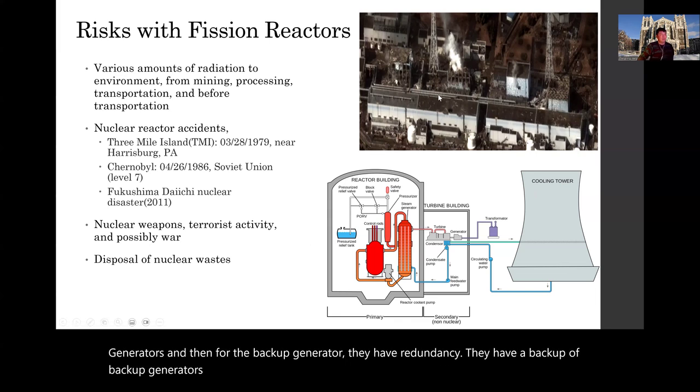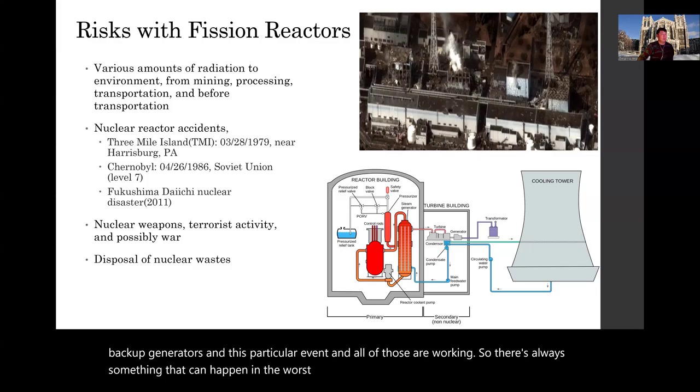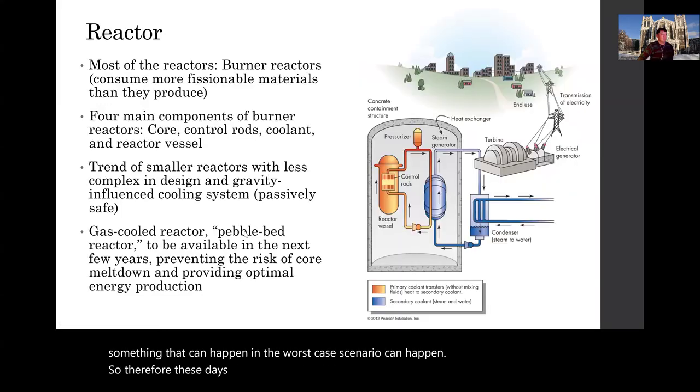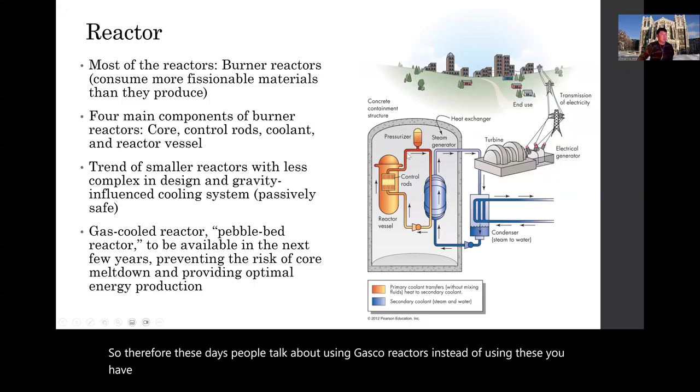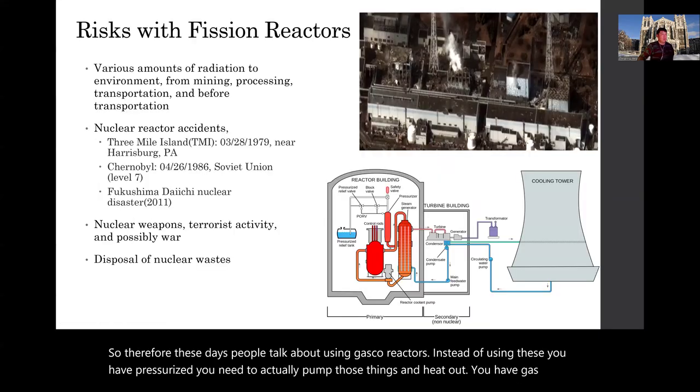In this particular event, none of those worked. So there's always something that can happen. The worst case can happen. Therefore, these days people talk about using gas-cooled reactors instead of pressurized ones, where you need to pump water to carry the heat out. With gas, it would be more reliable.